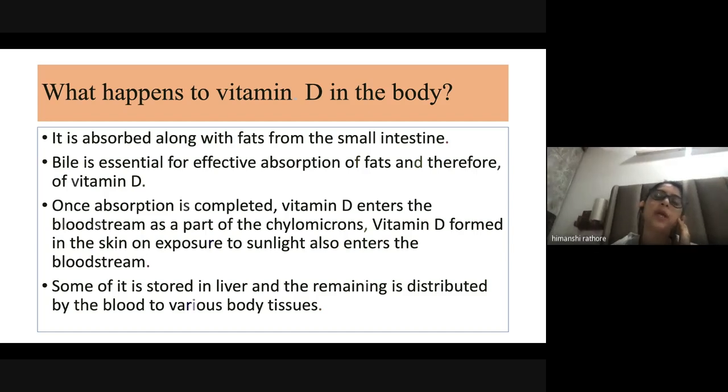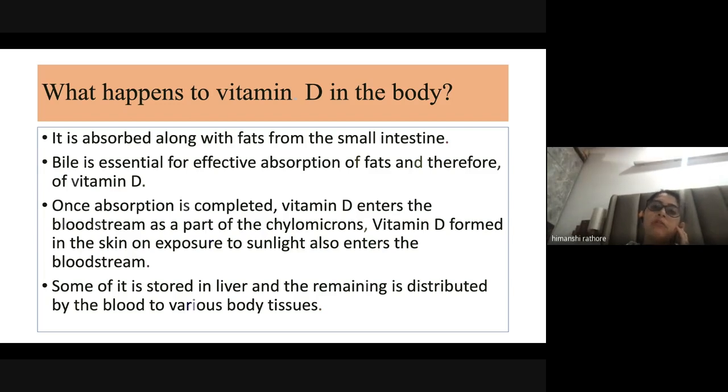So what happens to vitamin D in the body? It is absorbed along with the fat from the small intestine. So not in the stomach, not in the mouth. Its digestion and absorption start inside the small intestine, because it is a fat soluble vitamin. So it needs fat, and as we discussed in yesterday's lecture, fat is digested and absorbed in the small intestine only.